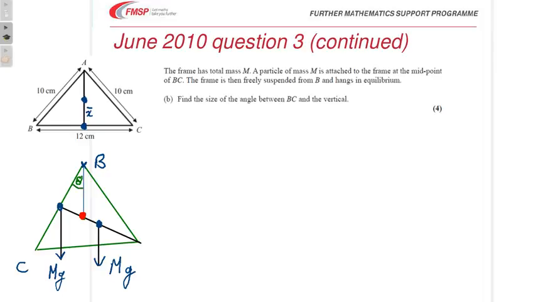The vertical is the line from B down to G, let's call this G. We've agreed that G is halfway along this line. So if we call that point M again, MG is a half of x bar, a half of the distance we found in the first part, which is a half of 2.5, or 1.25.